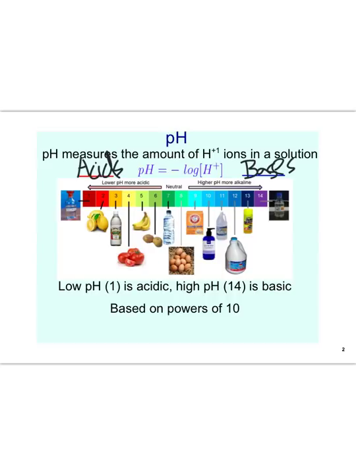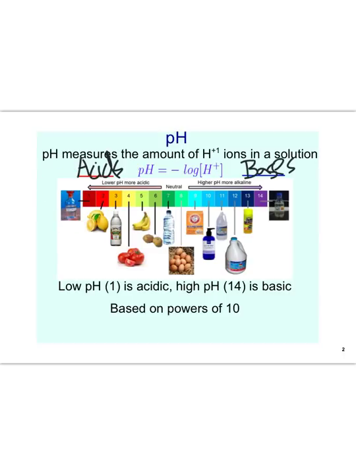What this picture shows is some of the most basic everyday household items and how they relate to acids and bases. Great example, over here on the left you have hydrochloric acid, which I showed you a bottle of in class and told you I may have spilled on my skin. That is incredibly acidic, down in the 1 range.